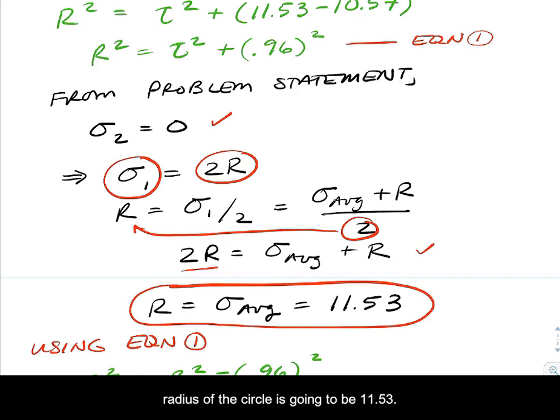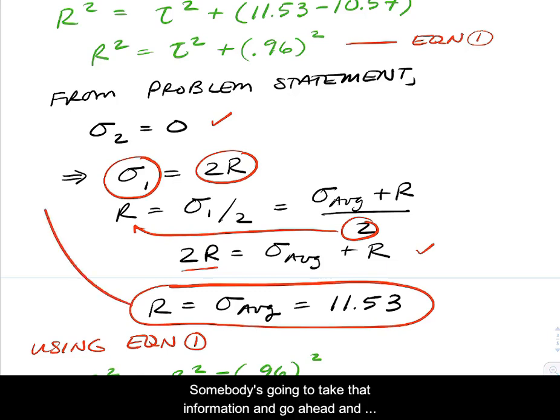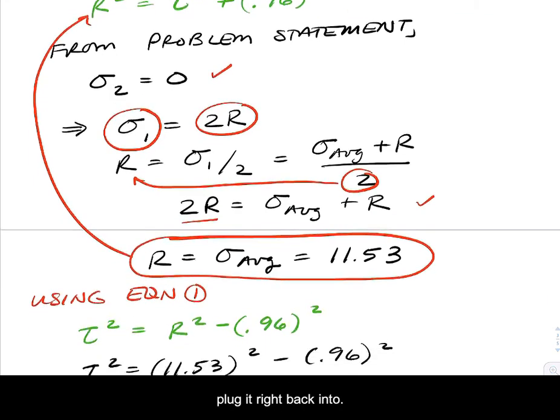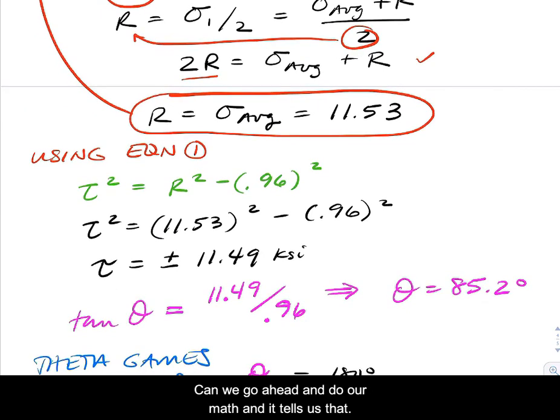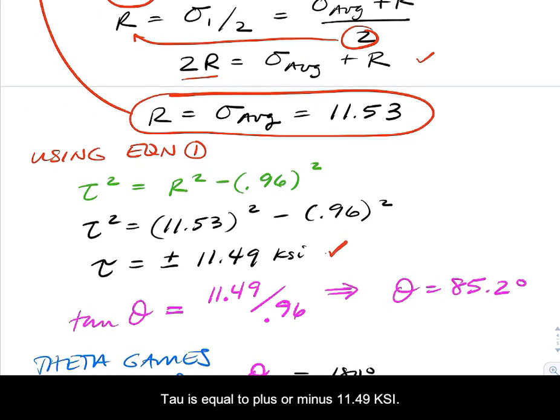So the radius of the circle is going to be 11.53. So we're just going to take that information and go ahead and plug it right back into equation 1. And we can go ahead and do our math, and it tells us that tau is equal to plus or minus 11.49 ksi.